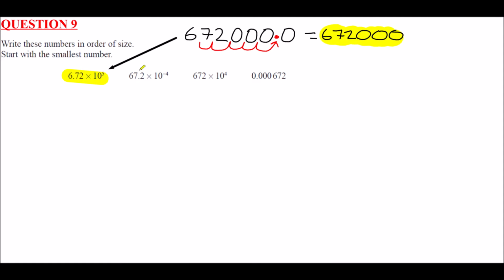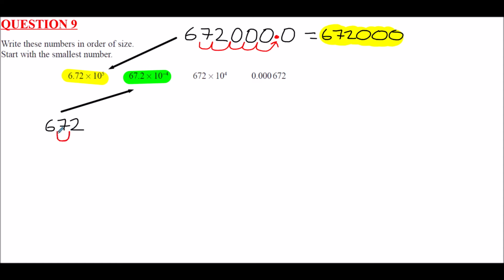So this one here, 67.2 times 10 to the minus 4. I'll do it in a different colour, in fact. For this one we have the same idea as before, but because it's times 10 to the power minus 4, this dot, rather than moving to the right, is going to move to the left 4 places. So we write 672 as the number looks, put the dot where it is currently, in between the 7 and the 2, then move it back 4 places to the left.